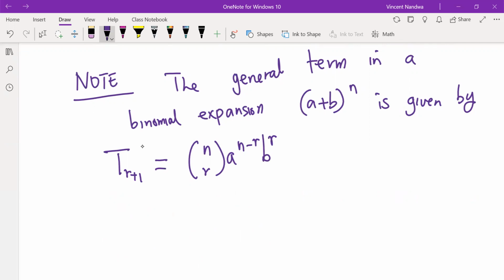So let's do an example. Expand x plus y power 4 by binomial theorem.